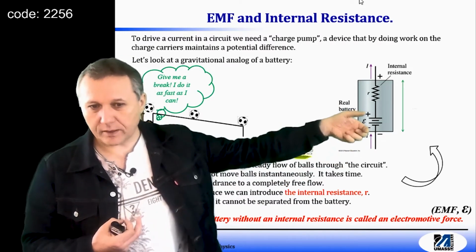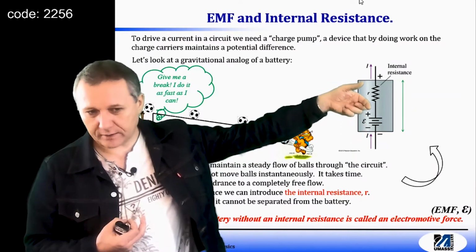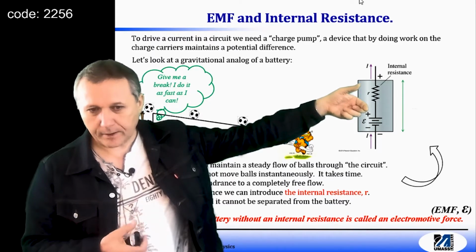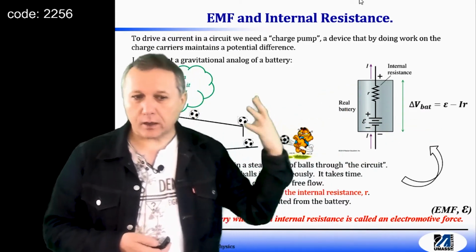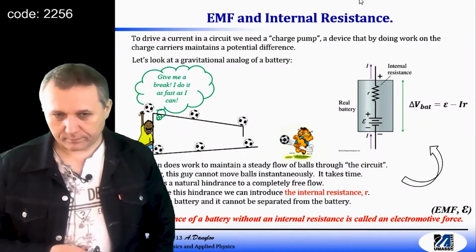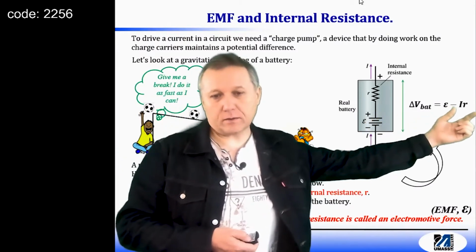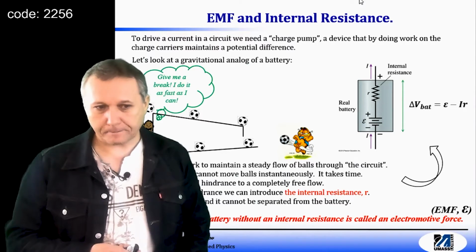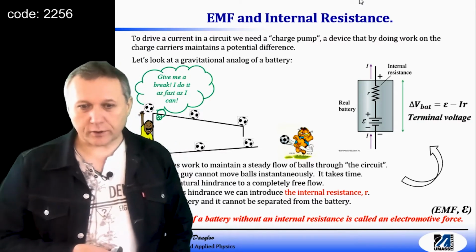You measure EMF minus the voltage drop across this internal resistance. So what you measure is called the terminal voltage: EMF minus voltage drop across the internal resistor, minus Ir. It's called the terminal voltage.